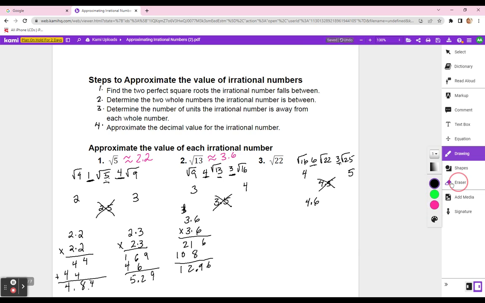Or even 4.7. Let me try 4.7. I think that's a better estimate. I mean, we could go with 4.6 and check it, but I think 4.7 would be a better estimate. So 4.7 times 4.7. Let's see what we get.